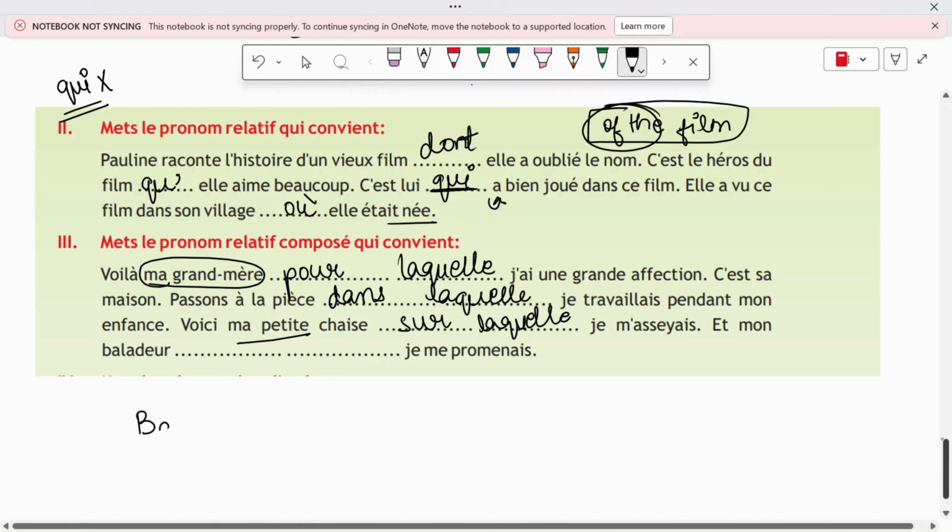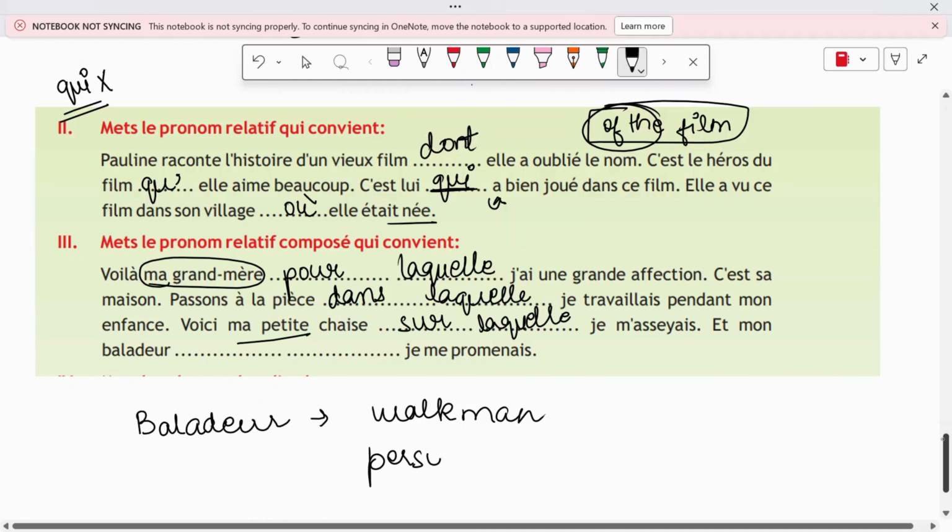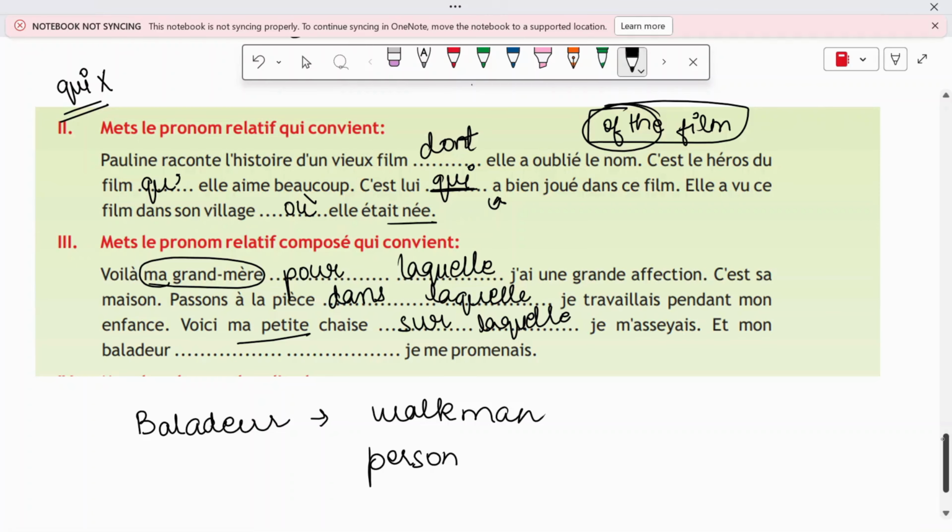Baladeur. Okay, so the meaning of baladeur, let's write it down. Let's write the vocabulary as well, as it is really important. The meaning of baladeur is walkman, or like something of a personal stereo. Something like a small speaker you would just take out for a walk.